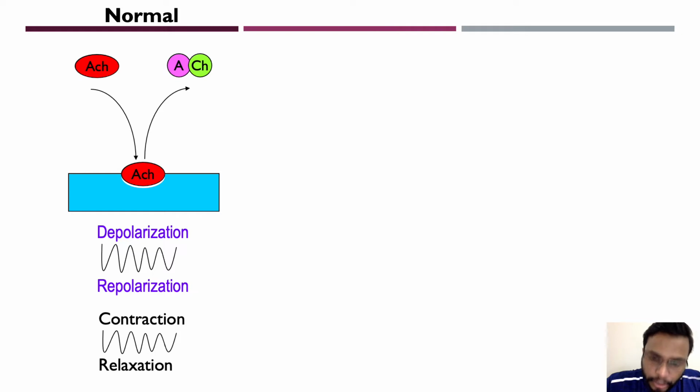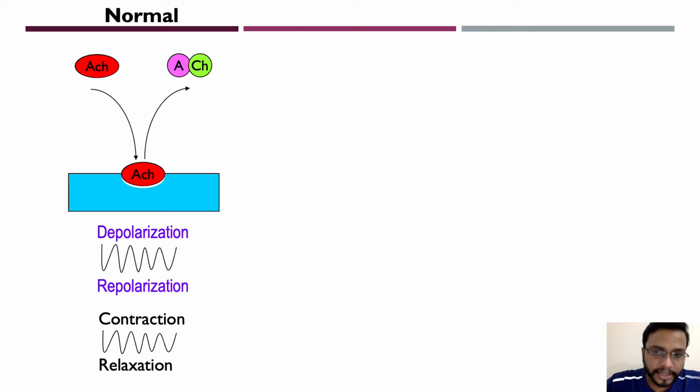Once it goes into the receptor, it opens up the receptor and gets into the muscle, and that produces depolarization, that is basically contraction. Once the stimulation phase is over, it produces relaxation, that is repolarization. So acetylcholine comes from the presynapse into the synapse, onto the acetylcholine receptor at the motor end plate, and produces depolarization and then repolarization.